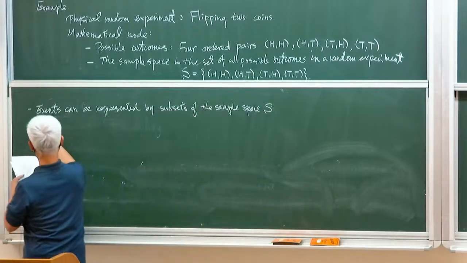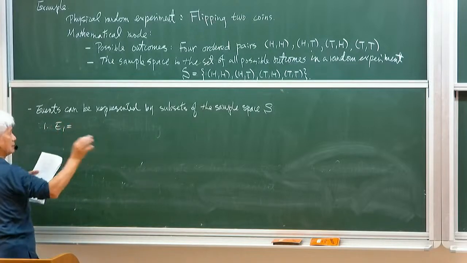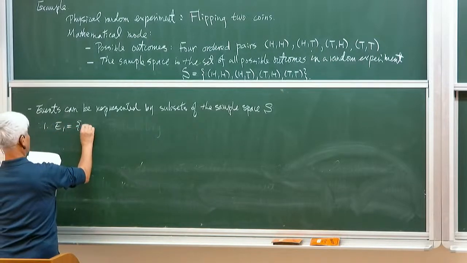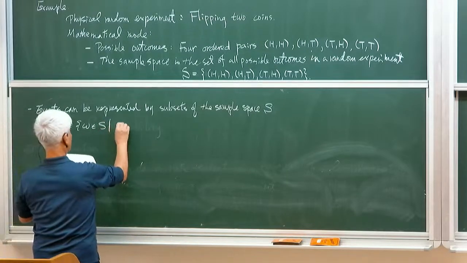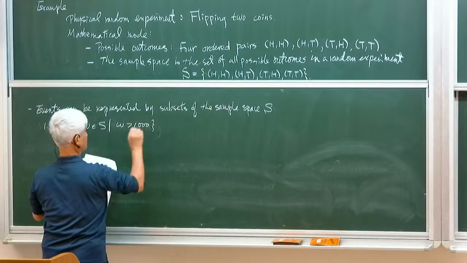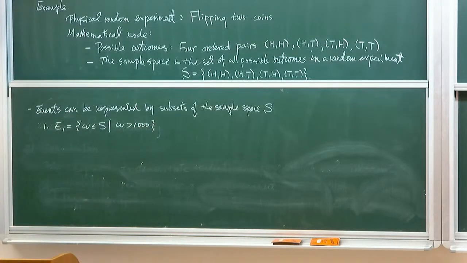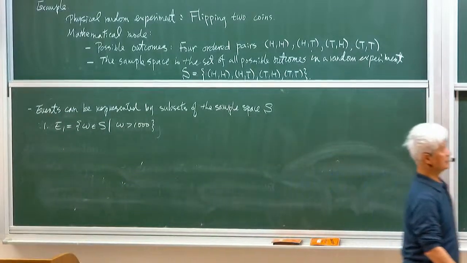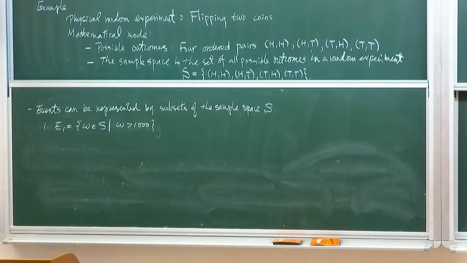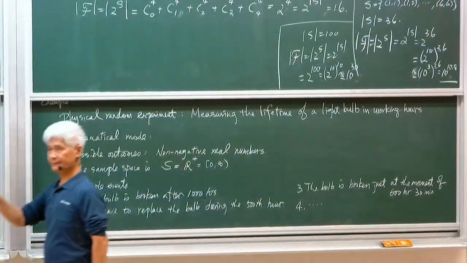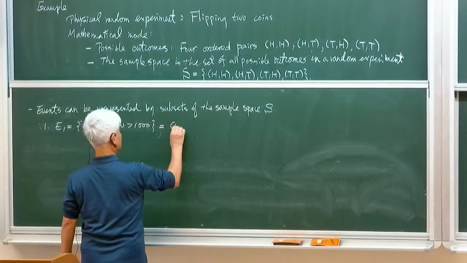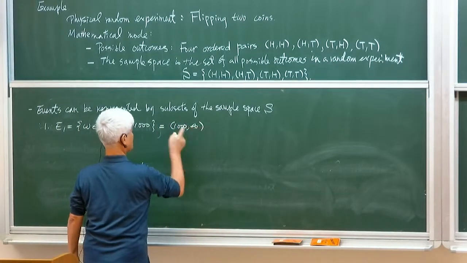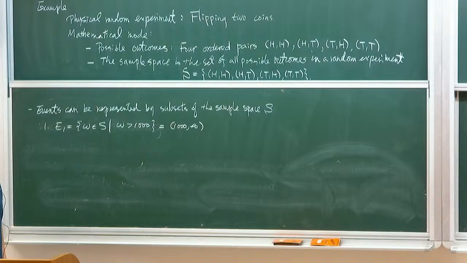So the first event in this example is that the outcome omega is greater than 1,000, because it says broken after 1,000. After, so it's greater than that. And this is actually an open interval, as we learned in calculus.